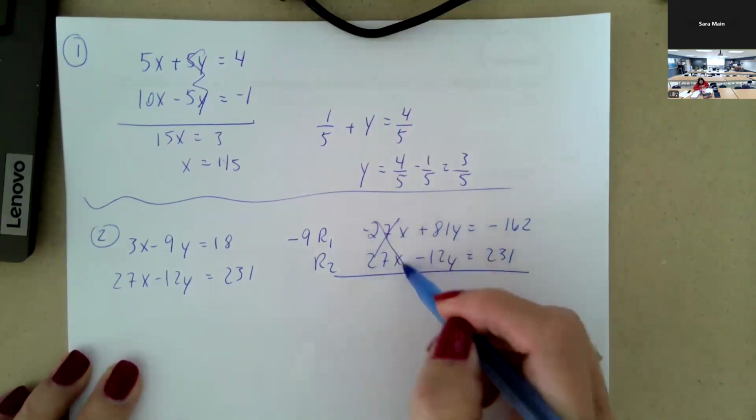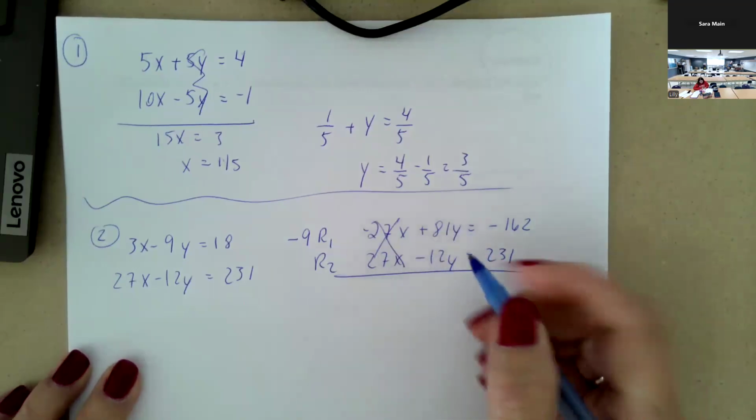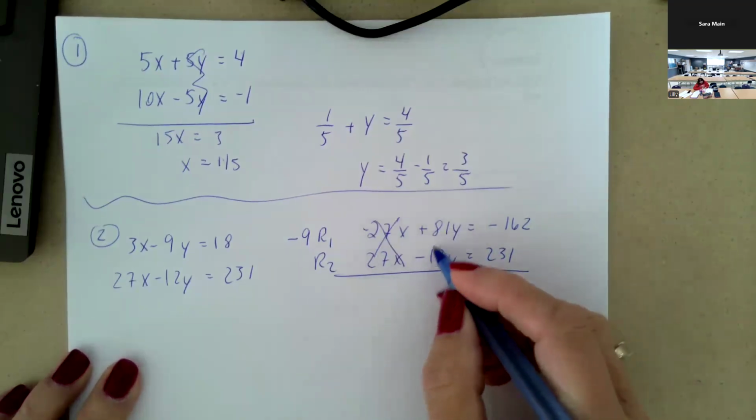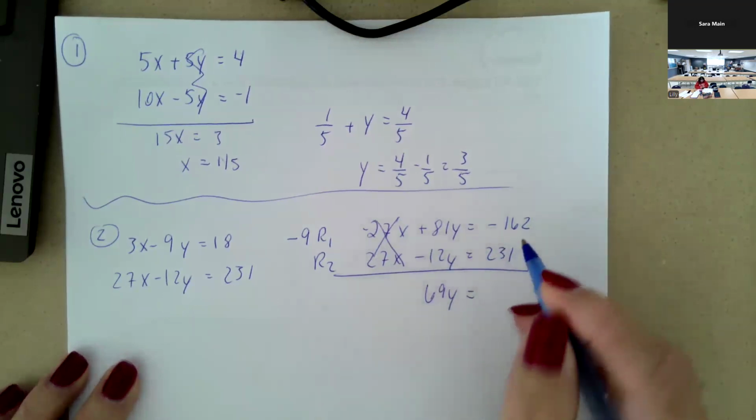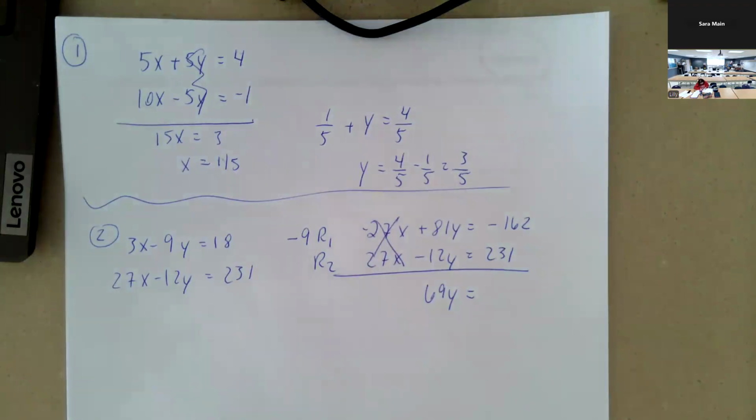So our x's cancel out. 81 minus 12 is 69y equals, I better use a calculator so I'm not making mistakes. So yep, 69. And then 231 minus 162 is 69.